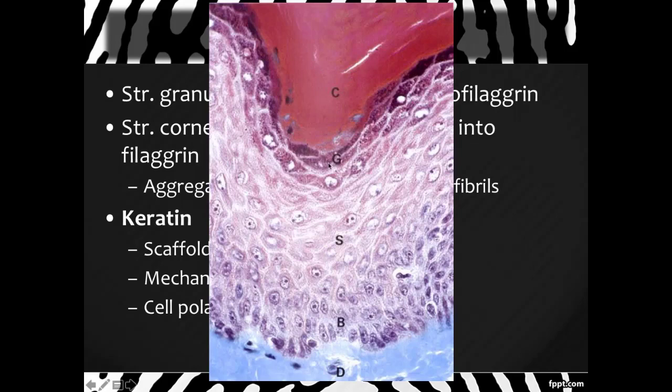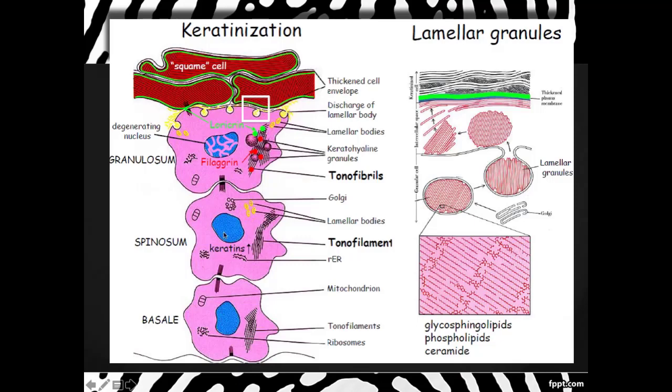So this is a layer where the rest of the cells are filled with aggregations of keratin, and this layer is necessary for mechanical resilience of the skin. This is the process of keratinization.